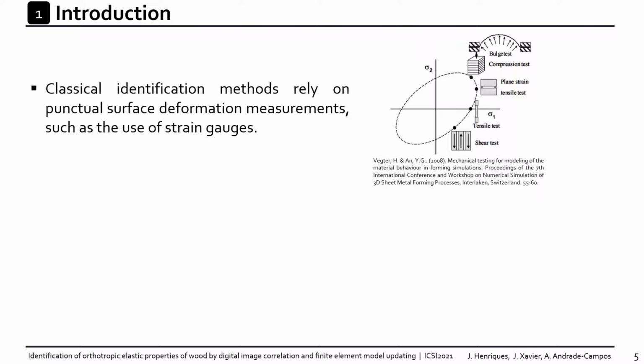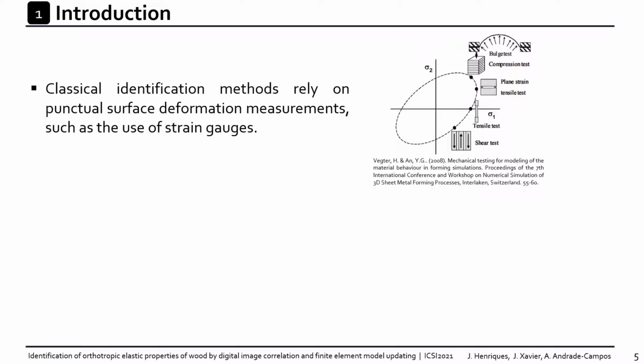The experimental characterization poses several issues due to the inherent hierarchical, heterogeneous, and anisotropic behavior of wood. Classical approaches involve identifying the material parameters from a series of classical mechanical tests that produce quasi-homogeneous strain fields using punctual measurements.